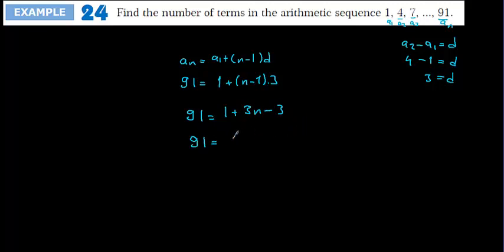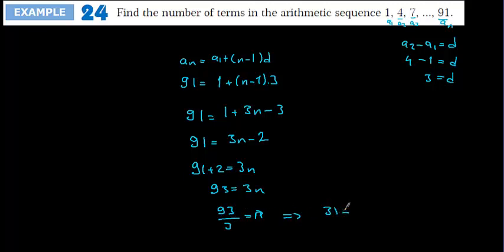So 91 is equal to 3n minus 2, and if we move it to this side, 91 plus 2 is equal to 3n, and 93 is equal to 3n, and 93 over 3 is equal to n, which is equal to 31. N is equal to 31.